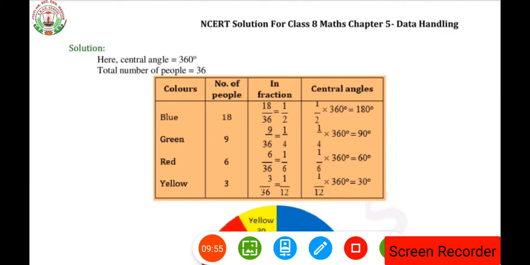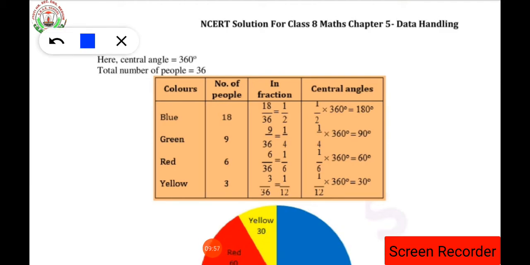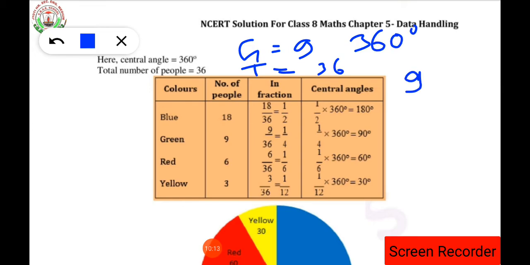Now the second step we have. How many people like the green color? That is 9 people. What is the total number of people? It is 36. And what is the complete angle of a circle? That is 360 degrees. So the number of people who like green is 9, the total number of people is 36, into 360.